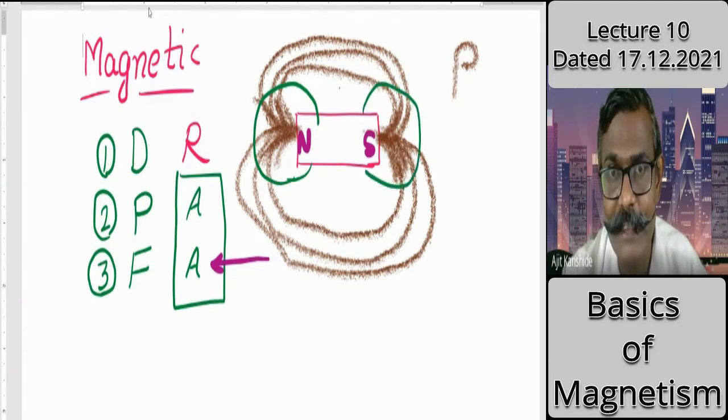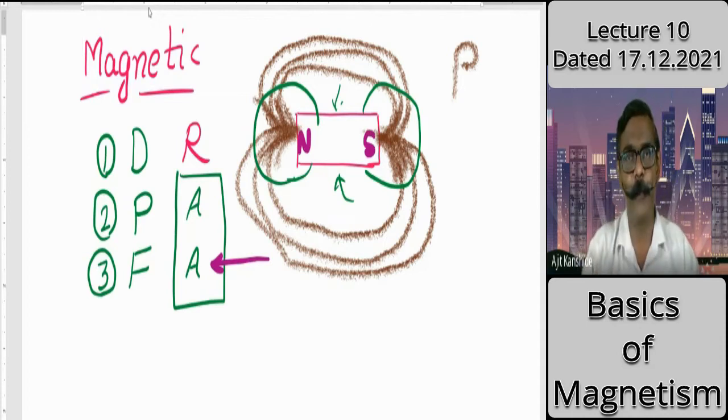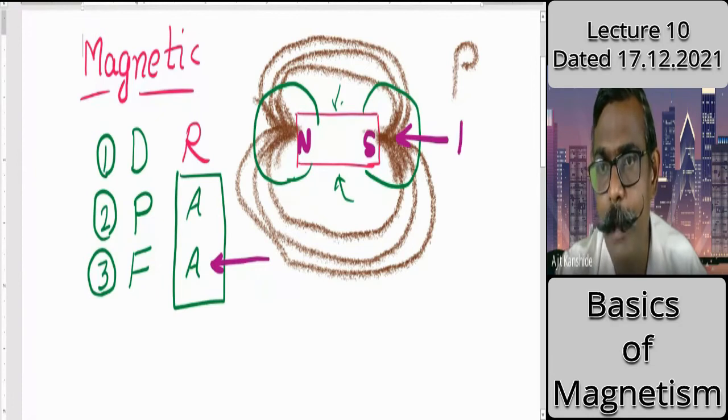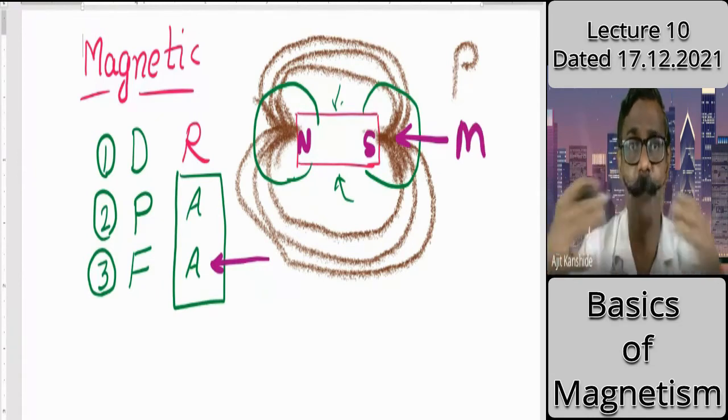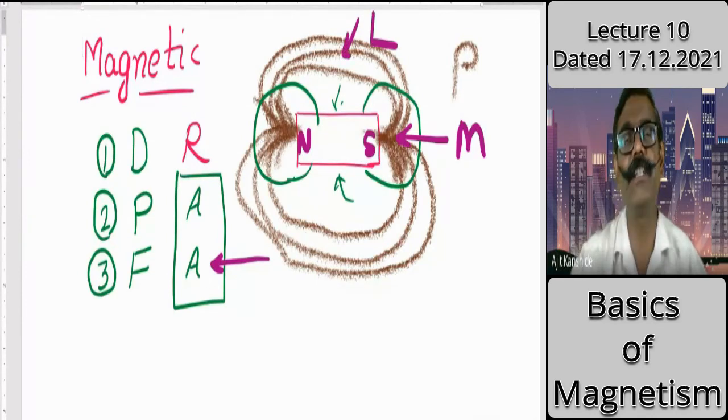But this region is where there is a weak magnetic field. Pole region is where the number of lines is more, the intensity is more. And away from the pole, this region is where the intensity is less, the number of lines is less.